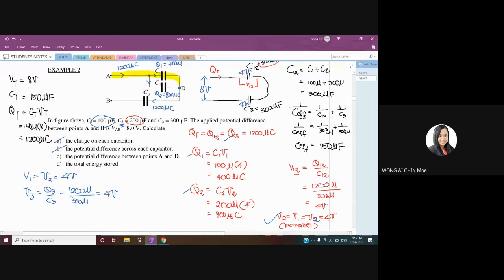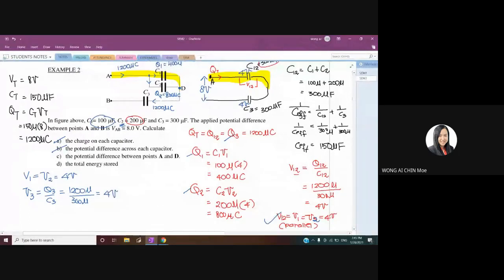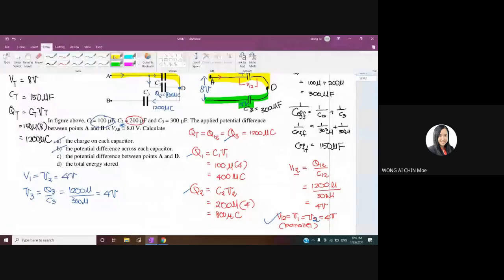If you refer here, between A and D. So this is point A, this is point D. From point A to point D, we only have 4 volt, because from D to B, there's another 4 volt. If you compare here from D to point B, we have another 4 volt. So just now our A to D, we only have 4 volt.